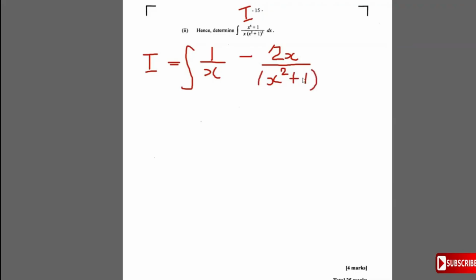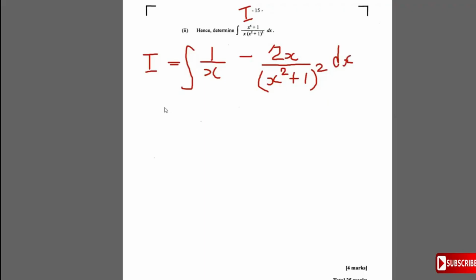So again, I'm going to call it I. I is equal to, instead of integrating this, we're integrating instead 1 over x minus 2x over x squared plus 1 all squared dx. This is what we're integrating.